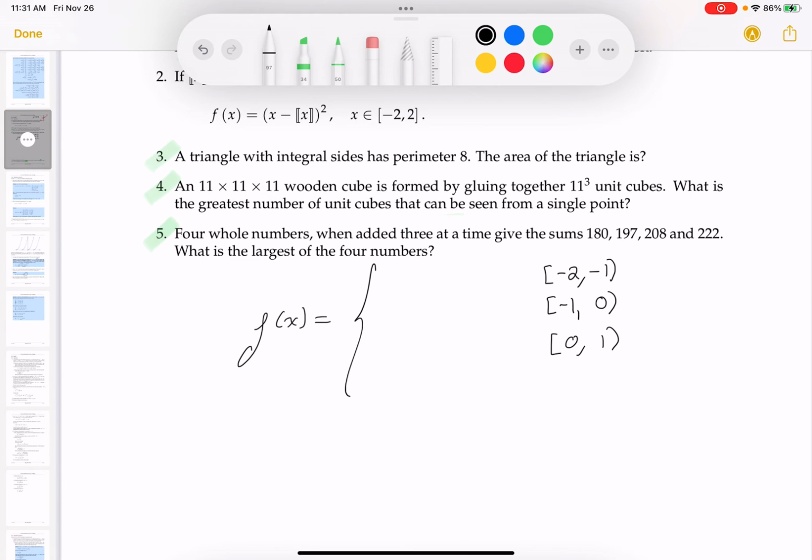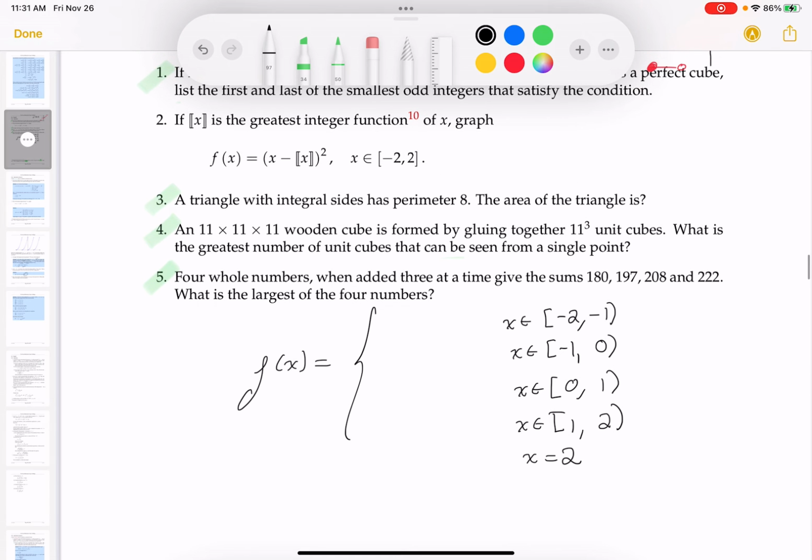I'll put this down, 1, and then it's going to get to 2, and then it's going to jump to just the number 2. And this is going to be x's on this. x is here, x is here, x is here, x is here, x is here. I have to write this down now, don't I?